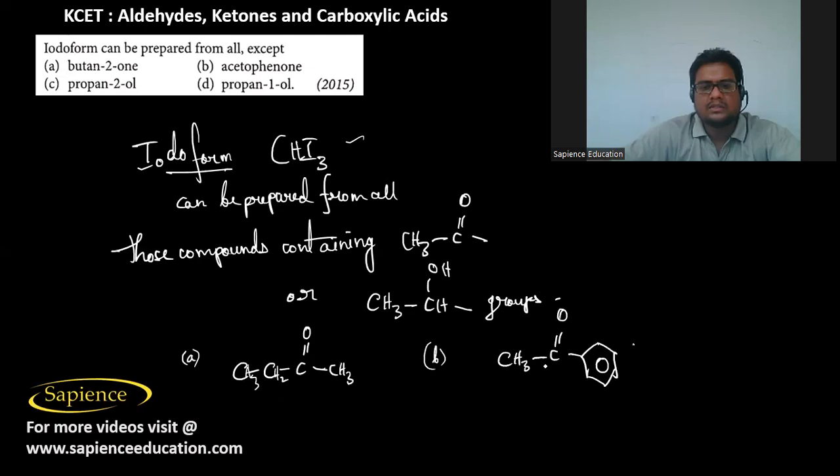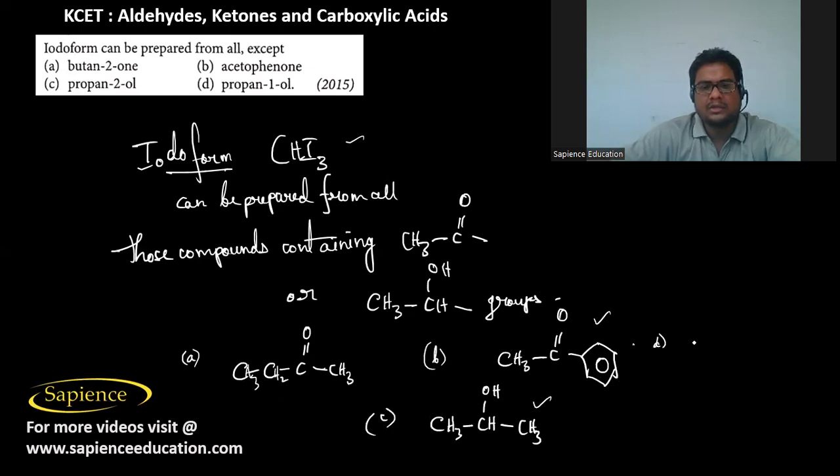It also contains the CH3CO group at the end of the chain, so it can be used to produce iodoform. Option C is propan-2-ol. It contains the CH3CHOH group, so it also can be used to prepare iodoform.